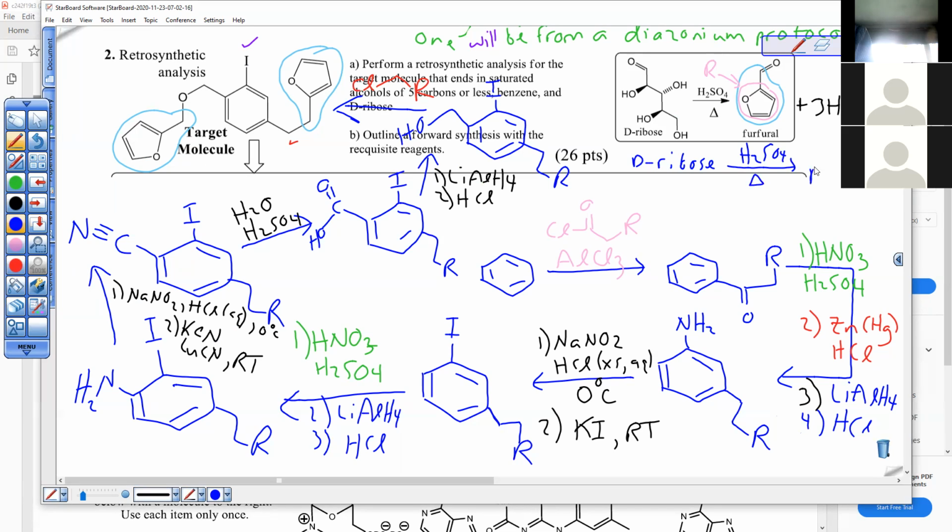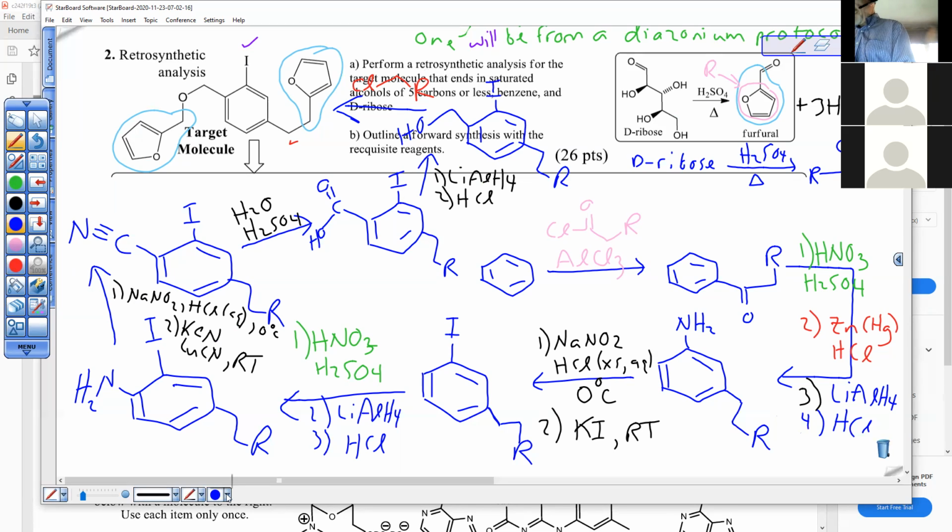And you get R carbonyl. And whether you're going to use this version of it or this version of it, you're going to need redox. Acid halides, how do you make those?